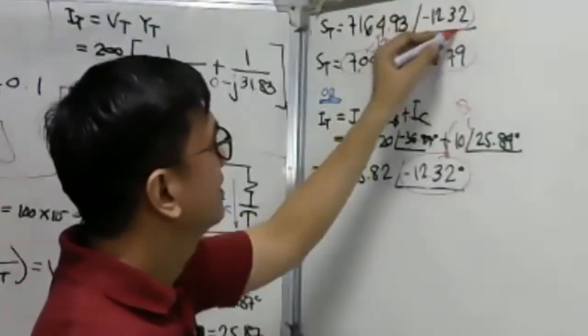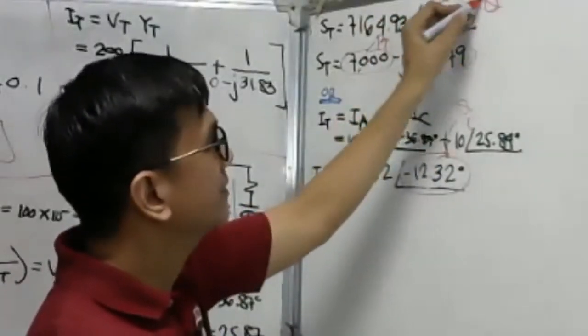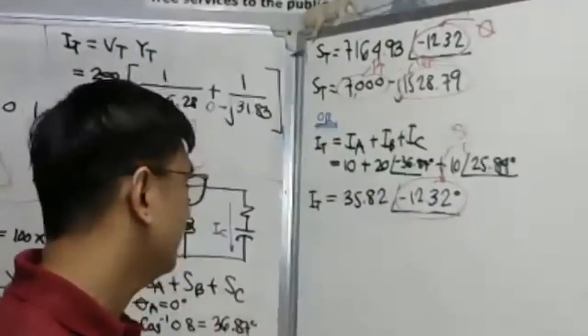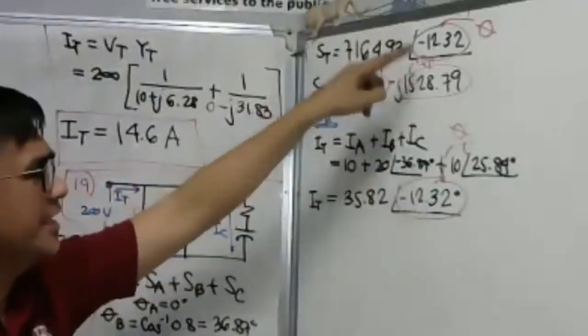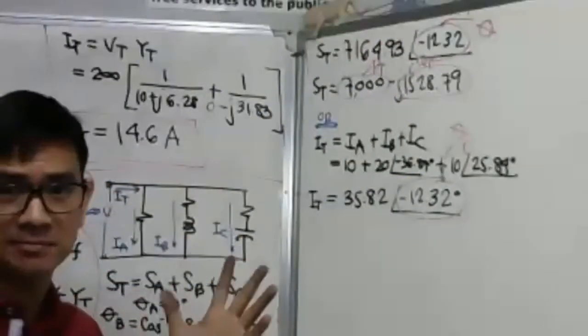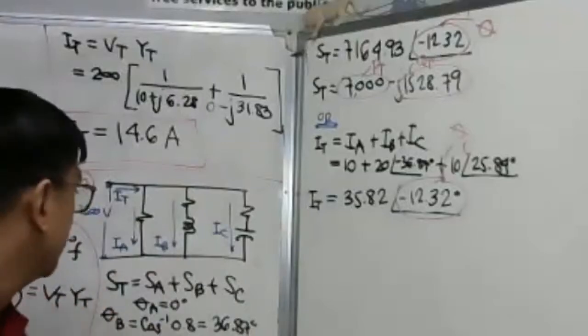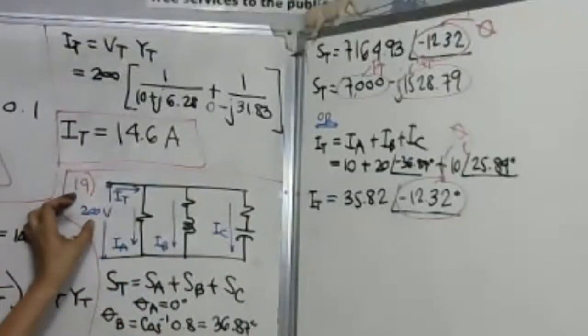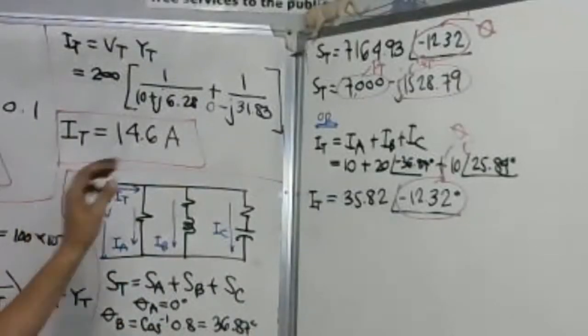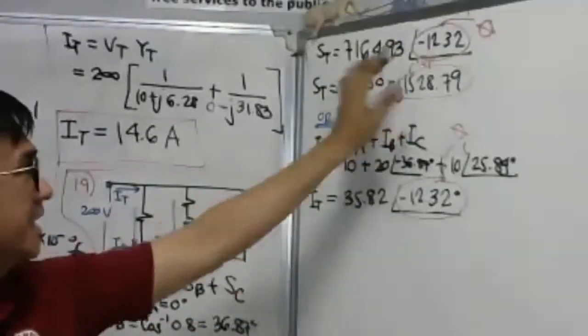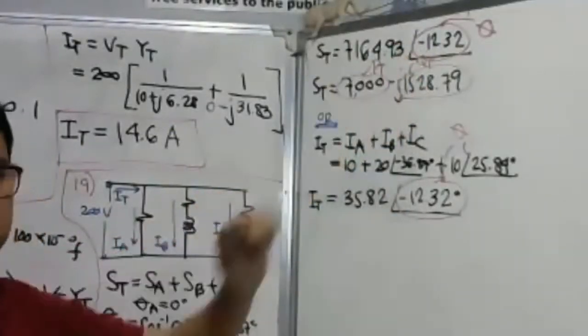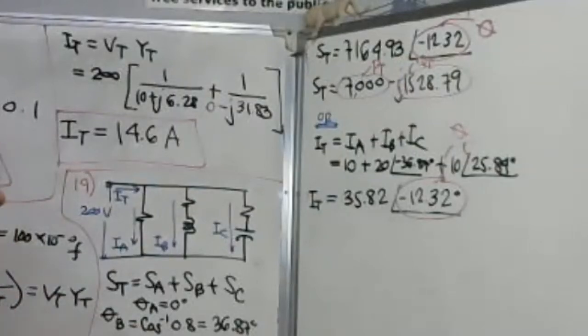What is this theta? Theta of the power, or just simply our theta in the triangle that we studied before. So, they are different. Sir, they're just the same? Yes, for this case they are the same, because the angle of voltage here is 0. If the angle of the voltage is 0, the I has the same angle as S, apparent power. Please listen carefully.